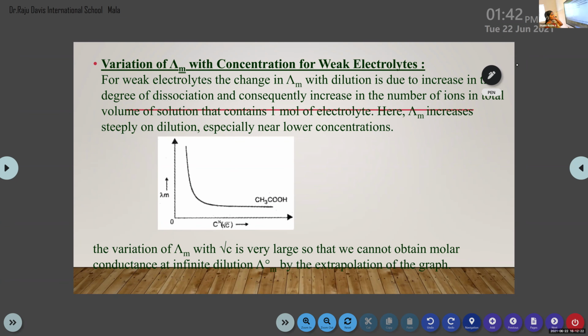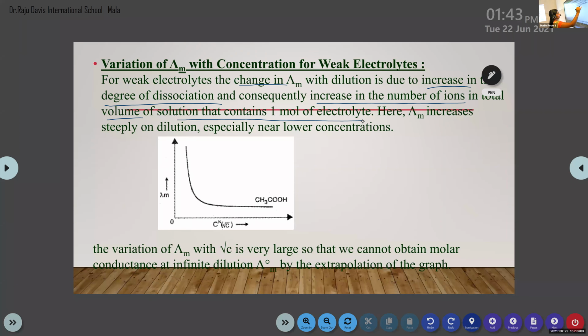Okay, in the case of weak electrolytes, the change in lambda m, that means the increase in molar conductivity, is due to the increase in the degree of dissociation. I told you that the amount of ions produced from an electrolyte is known as degree of dissociation. So it is due to the increase in the degree of dissociation and consequently increase in the number of ions. If there is more degree of dissociation, that means more number of ions are produced there, right? So the total volume of solution that contains 1 mole of electrolyte.